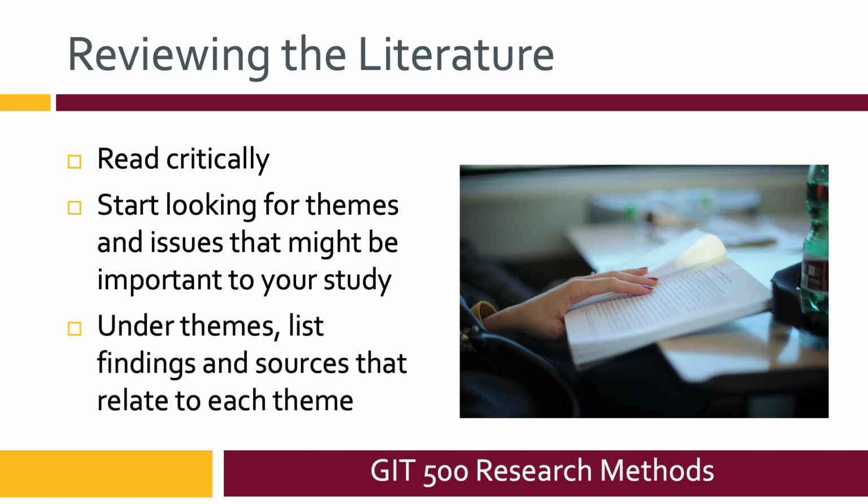It's a good idea to list the themes, and then under those themes, list the findings, like the little bits of information and sources where you got those little bits of information that relate to each of those themes. That will help you start to see a path for your literature review and your study overall.